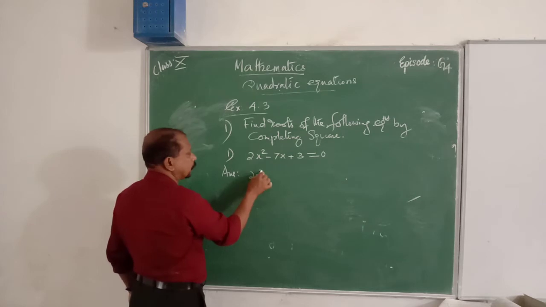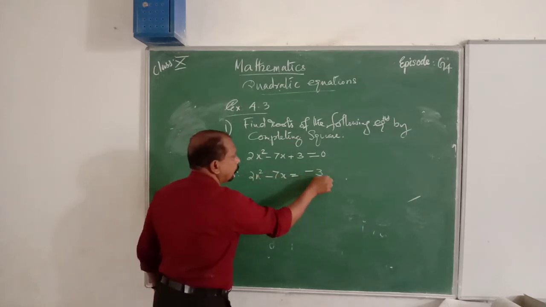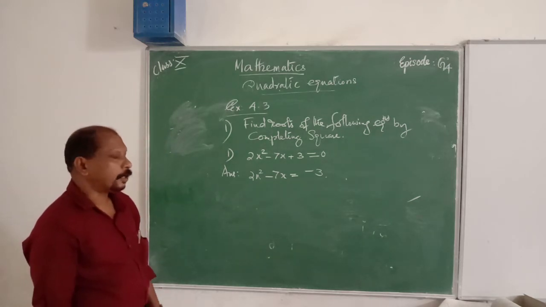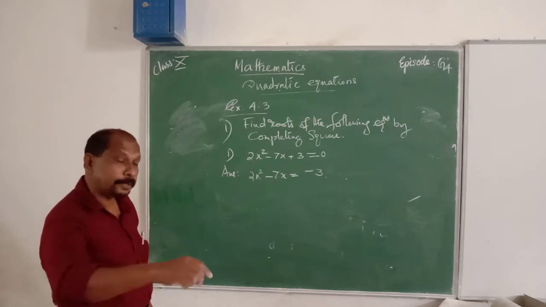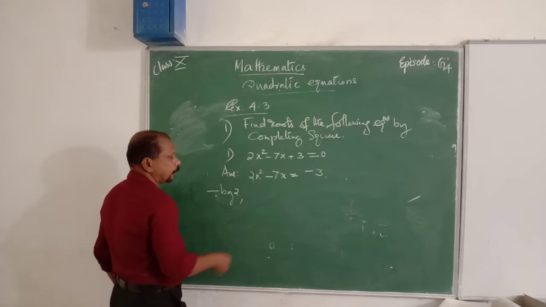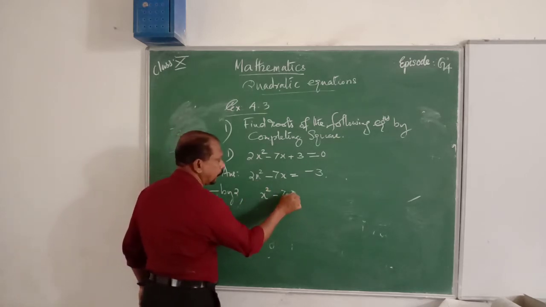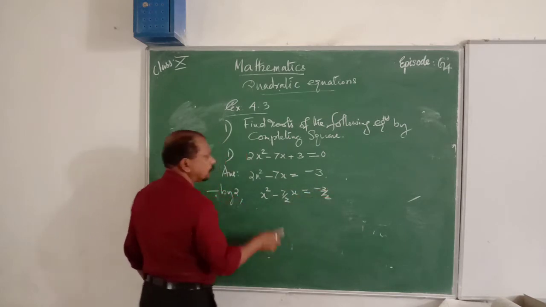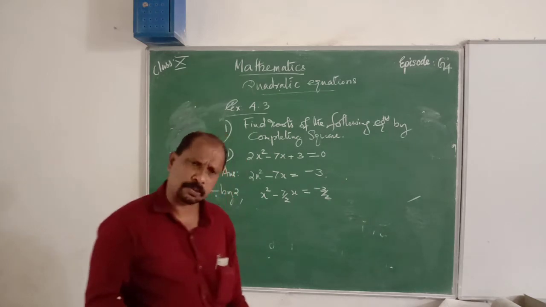That is 2x square minus 7x is equal to minus 3. Then the coefficient of x square is 2, therefore dividing by 2. Therefore, it is x square minus 7 by 2x is equal to minus 3 by 2.